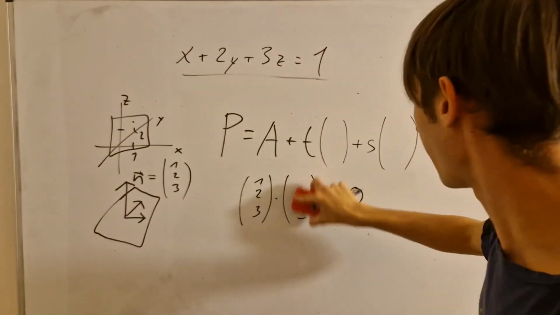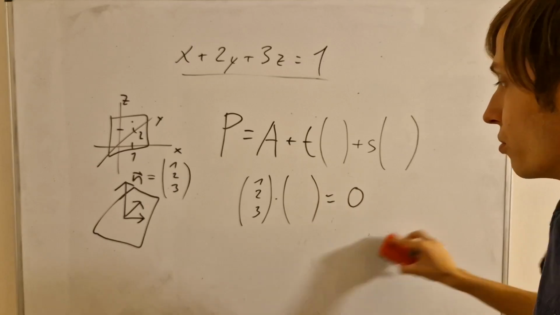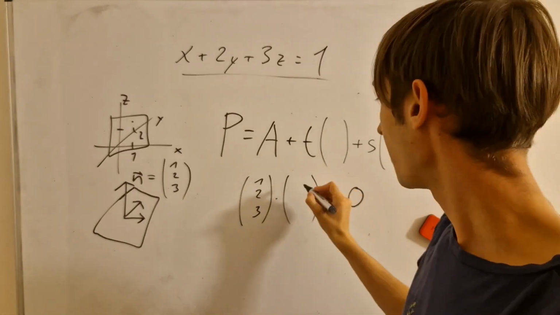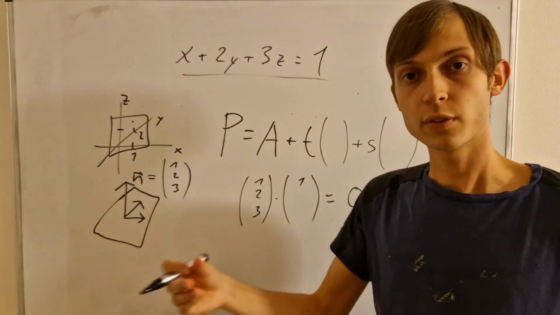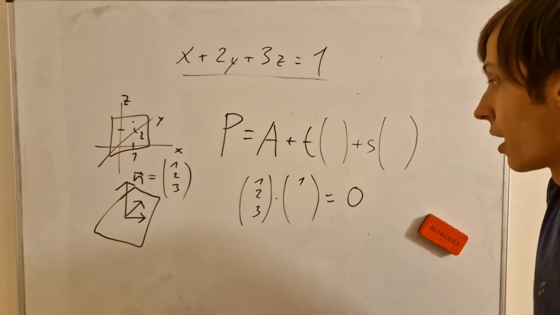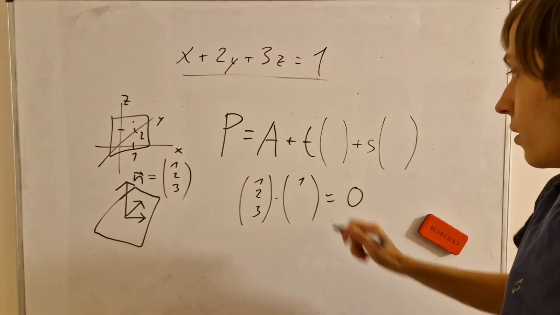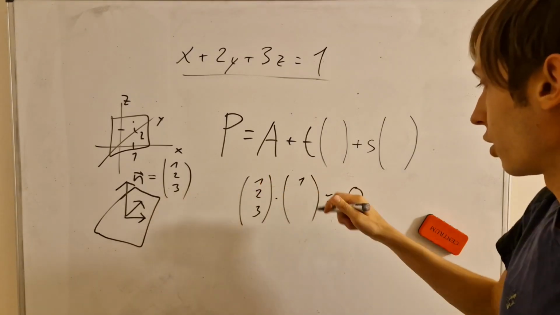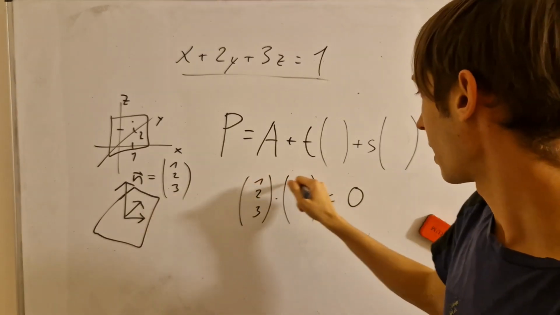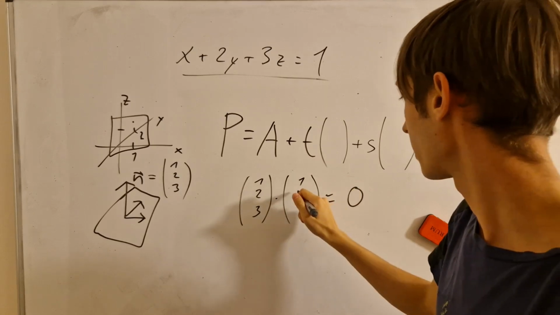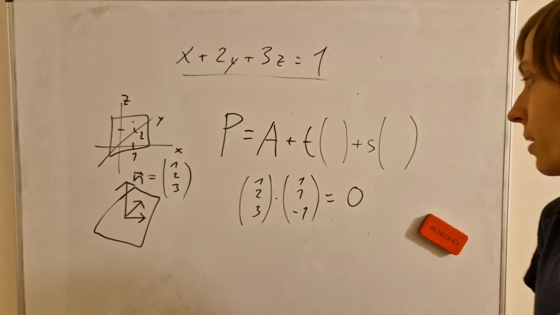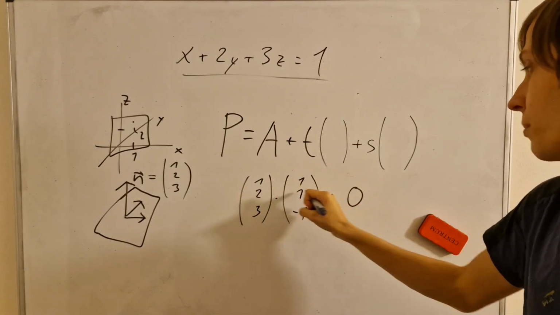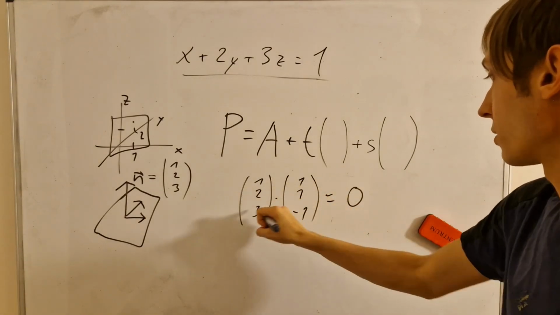So let's think of what will work. I can think of values as long as they're not all 0. Example could be, I say first one is 1. Again, we think of two numbers and the third one we calculate out of it. So we need the dot product to be 0. 1 times 1 plus, let's say 1 times 2, so 1, 1, and minus 1 works, because 1 times 1 plus 1 times 2 minus 1 times 3 is 0.